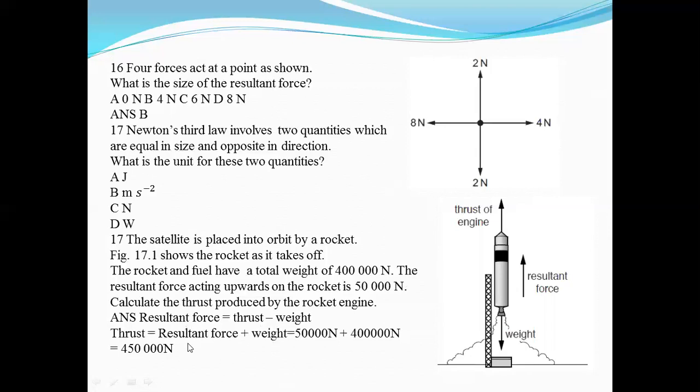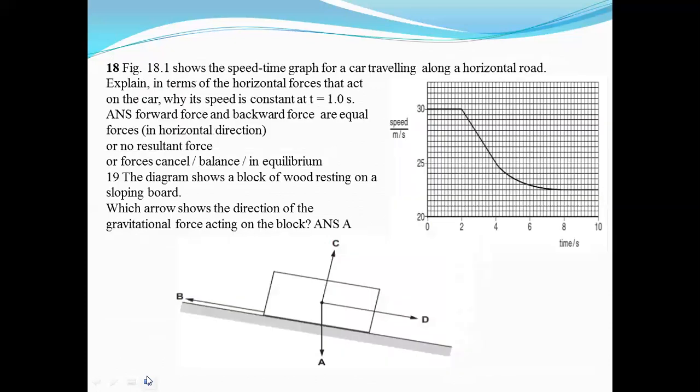The value of resultant force is given, that is 50,000, and the value of weight is also given, that is 400,000. Weight on this side is being subtracted, on the other side it will be added. So resultant force plus weight will be equivalent to the thrust. Final answer is 450,000 Newton.